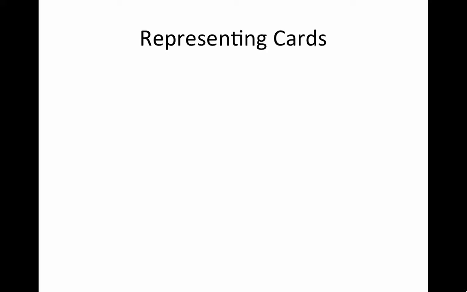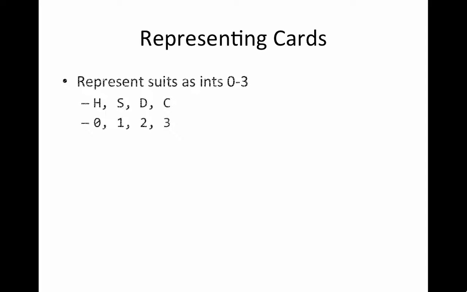How will we represent cards in this particular solution that we will discuss? Again, feel free to pause the video here and try your own implementation without seeing any hints. We have chosen to represent suits as integers from 0 to 3.